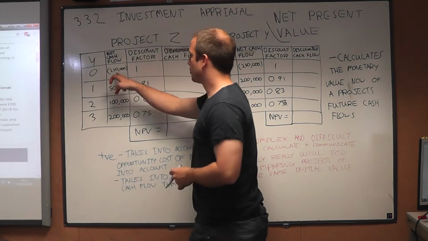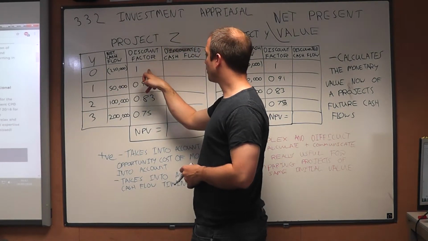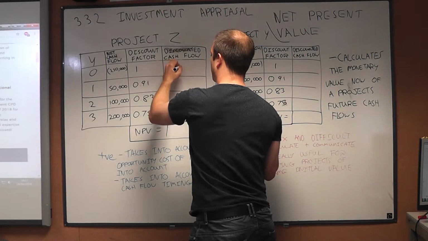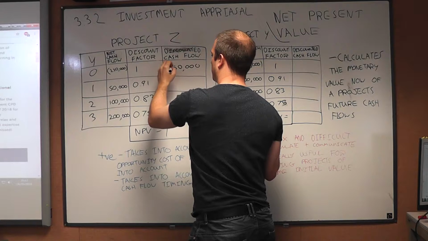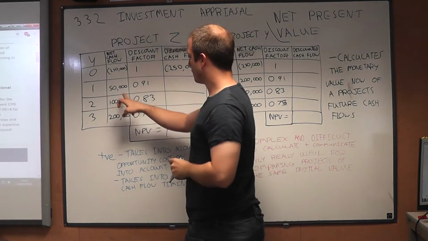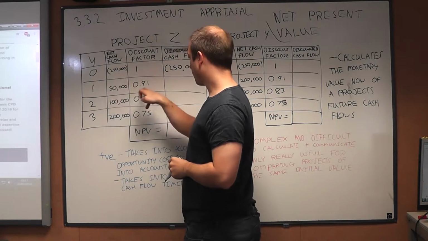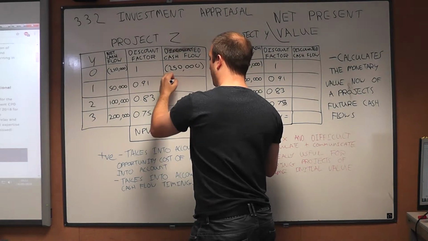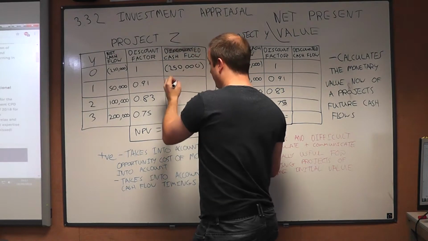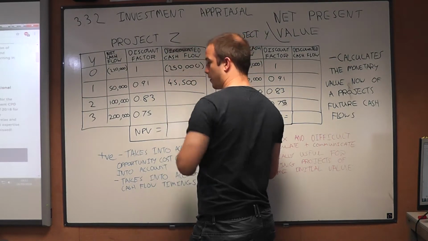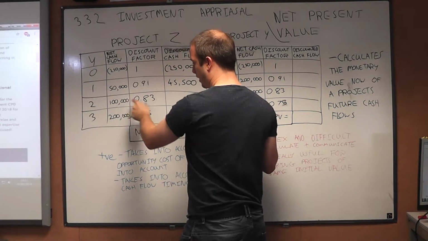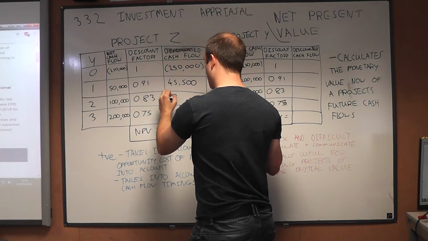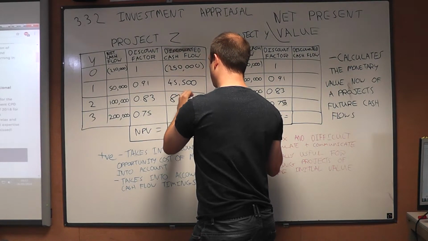£250,000 times our discount factor of 1 will still be £250,000. £50,000 multiplied by our discount factor of 0.91 gives us £45,500. £100,000 times 0.83 gives us £83,000.